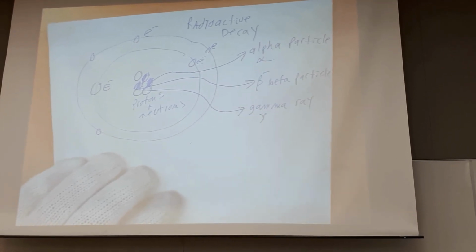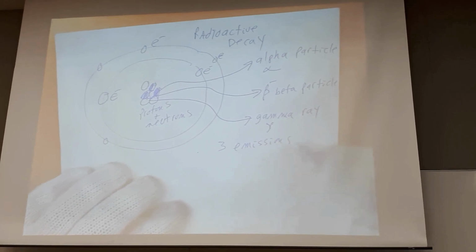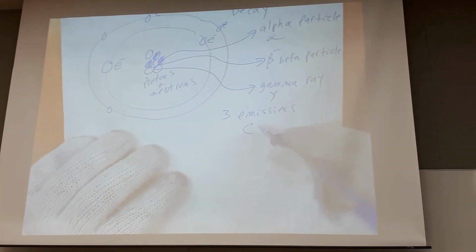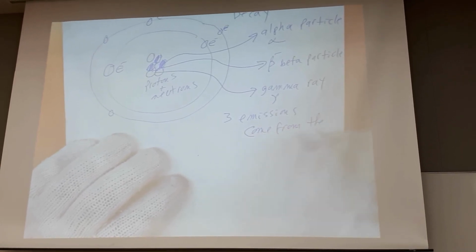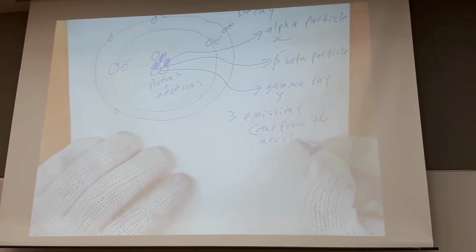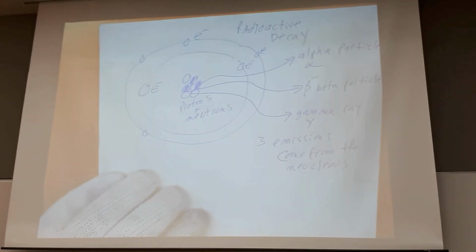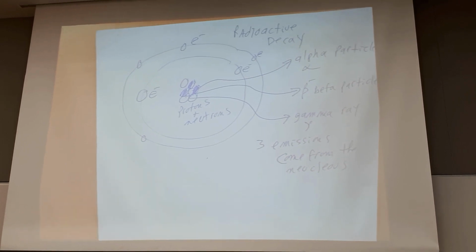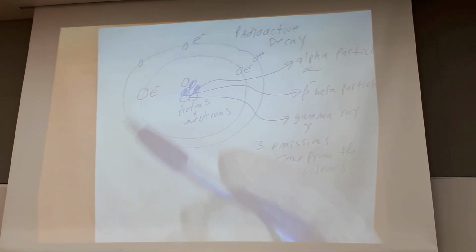So these 3 emissions, they come from the nucleus. The outer electrons have nothing to do with radioactive decay, only from the nucleus itself. The details, I will leave that for you.